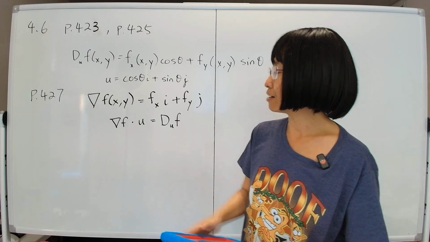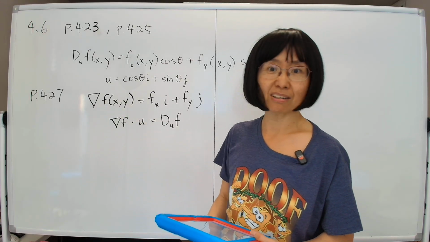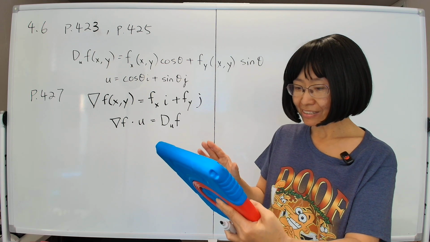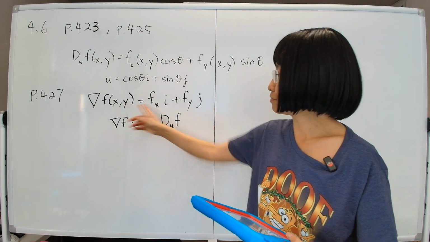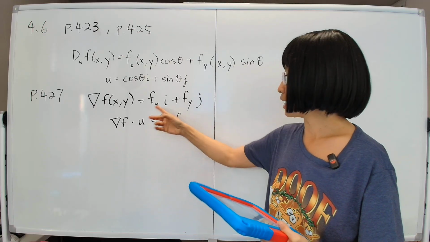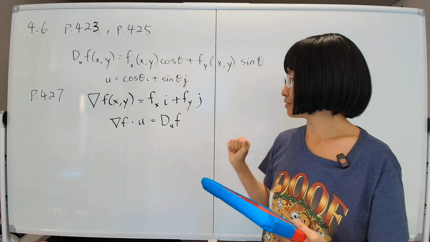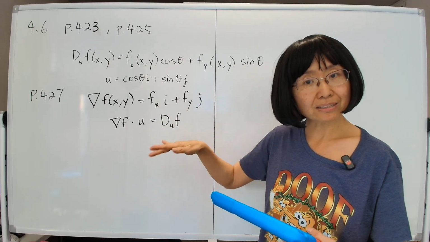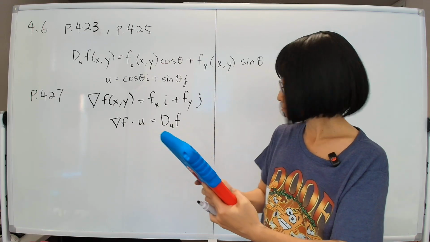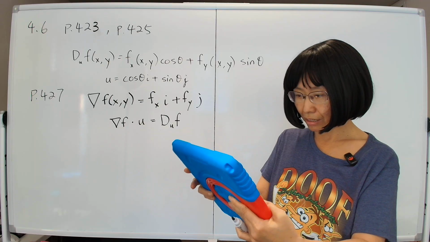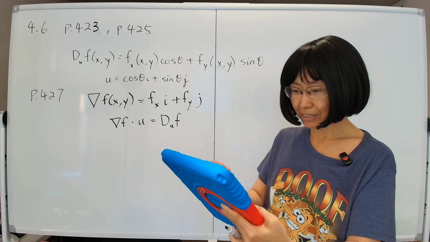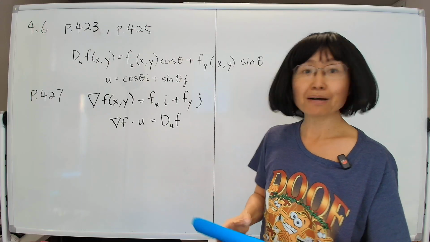I will probably call it del or grad f. I'm not going to call it nabla. Anyway, forget nabla. Grad f is defined readily: the partial derivative of x times i plus the partial derivative of y times j, and it is a vector that points in some direction, the gradient. So please do example 4.33, where you'll find some gradients, as part of your homework.